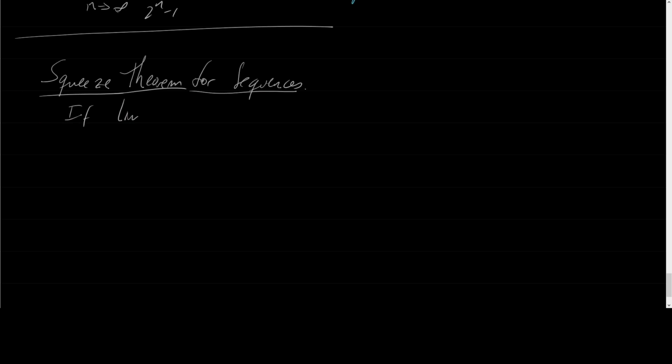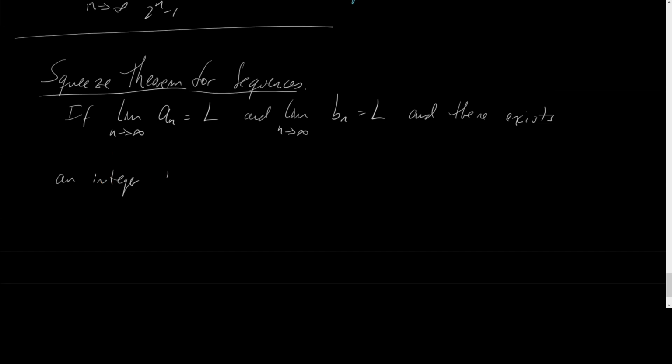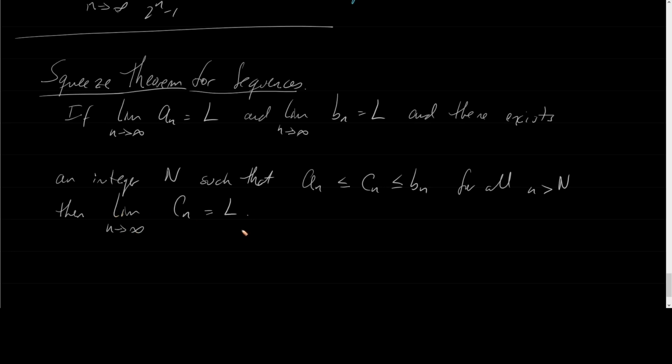It says if the limit as n goes to infinity of a sub n is equal to L, and the limit as n goes to infinity of b sub n is also equal to L, and there exists an integer N such that a sub n is less than or equal to c sub n is less than or equal to b sub n for all n greater than capital N, then the limit as n goes to infinity of c sub n is equal to L.